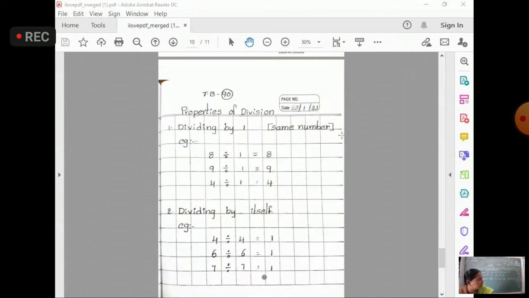Textbook, page number 90. Properties of division. I already explained this one. First property, second property. Basing on that only we completed exercise 5, isn't it? Now, copy. Dividing by 1. So when we divide any number by 1, we get same number. Copy the first property.